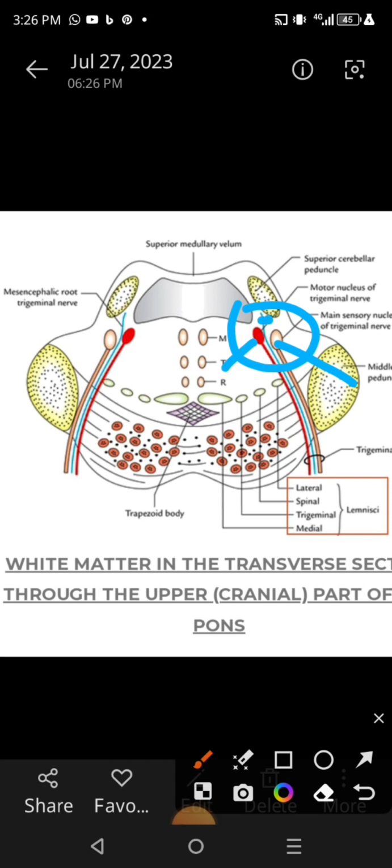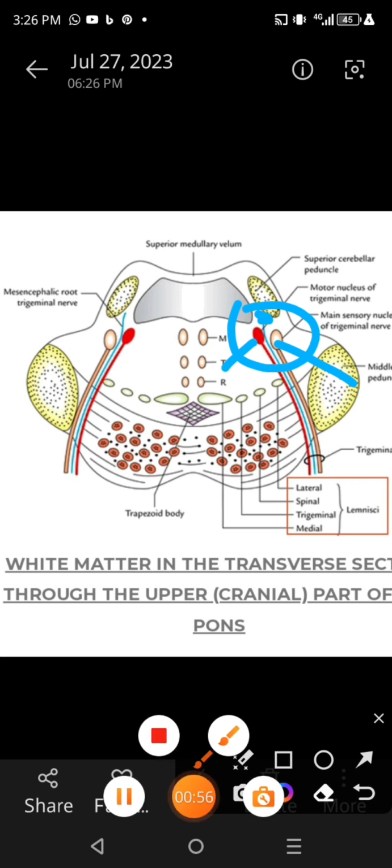And if I draw another, the mesencephalic nucleus, they are also lying here. And there should be a superior sensory nucleus here as well, right? That is about the gray matter that is located at this level, right?